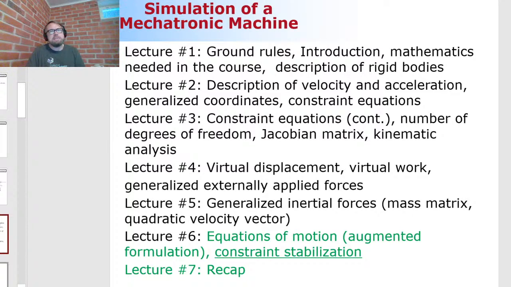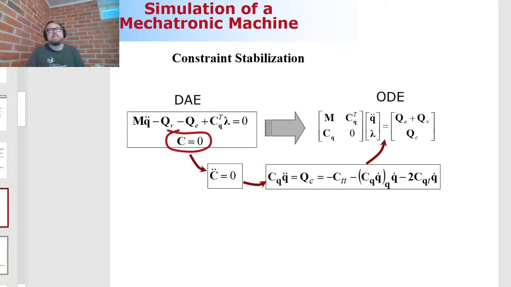It is needed because when we are integrating things forward in time, we are introducing a certain amount of errors. And the thing we did when we converted the DAE, differential algebraic equations, to ordinary differential equations, we did in a way that we differentiated the constraint twice with respect to time.